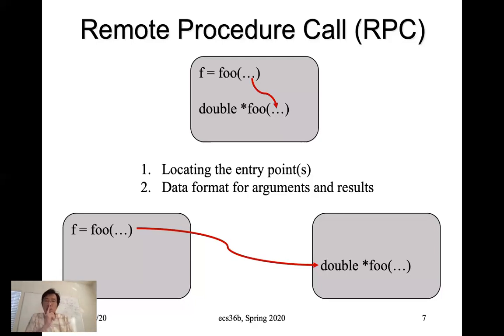So remote procedure call is essentially saying, well, what happens if you never need to receive the function foo, either in source code or in the .o file, which is object code. So essentially, you don't have anything locally, but you can still call it, just like the bottom picture.